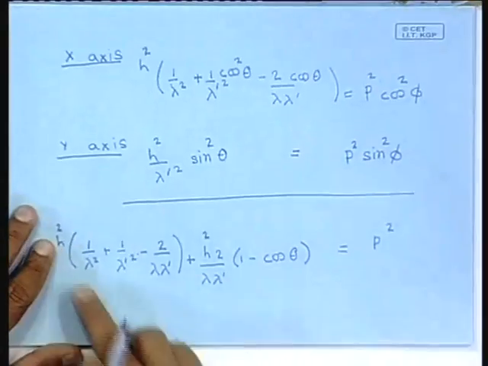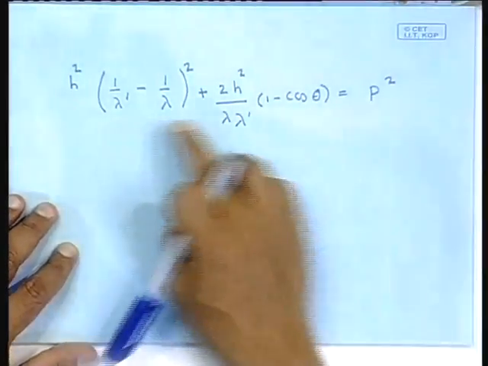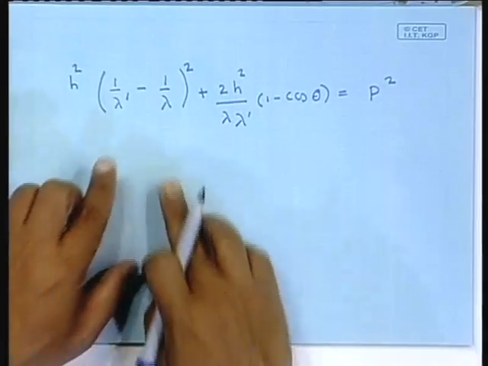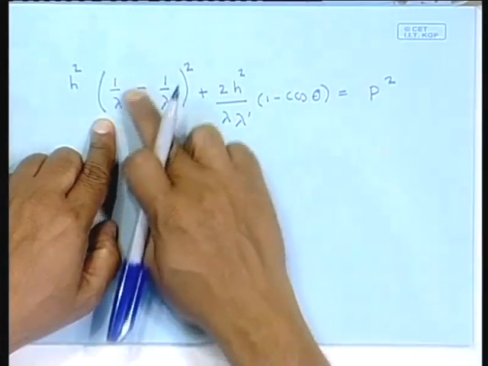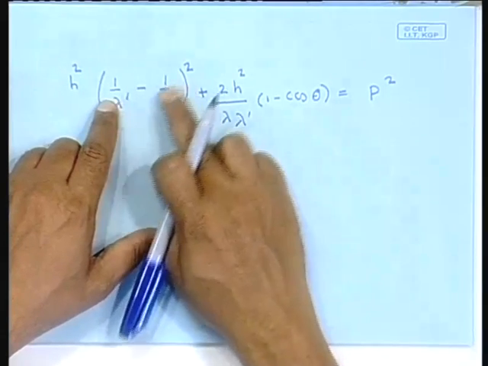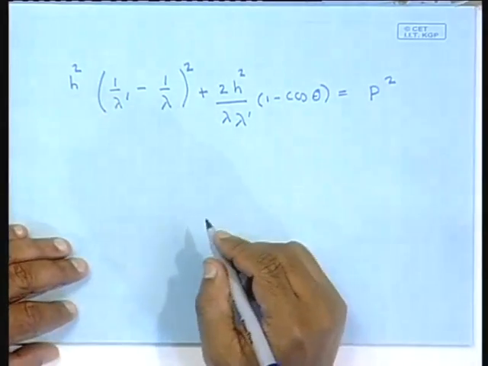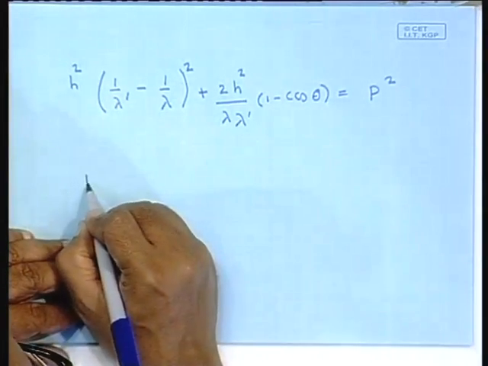So, I have written it this way, and this expression you can see can be written as delta lambda divided by lambda into lambda prime whole square.